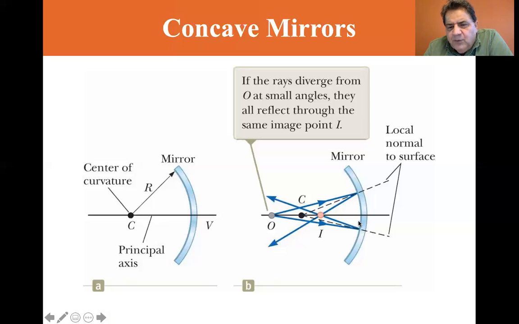And that'll be true for all of these cases. And all of these reflections go through this image point here. These dashed lines are local to the particular surface, local being perpendicular. And so you get an image here at the inside.